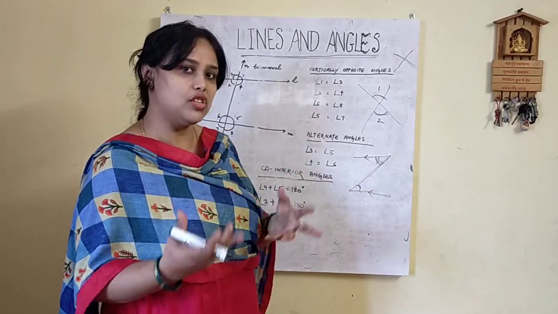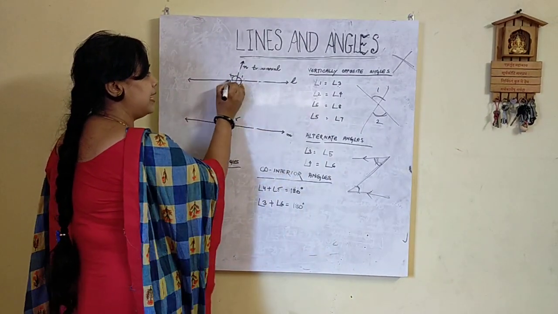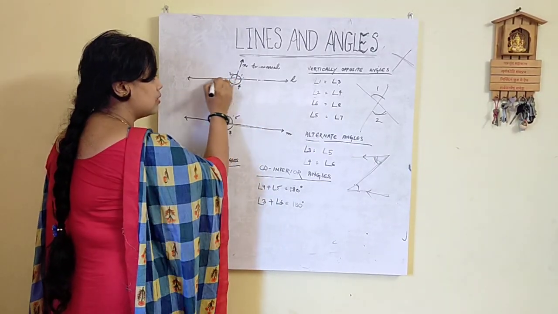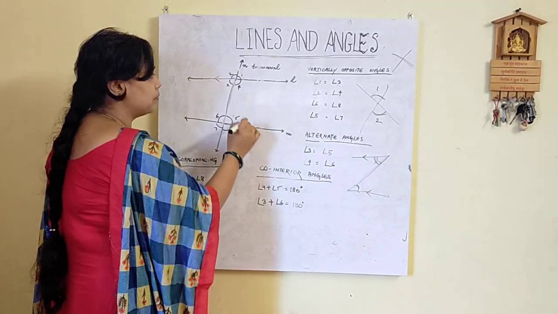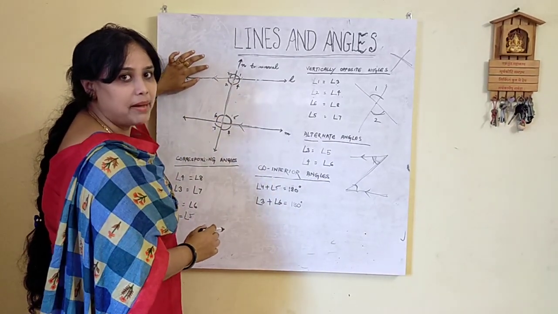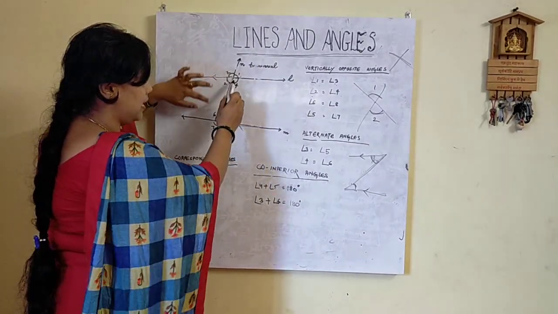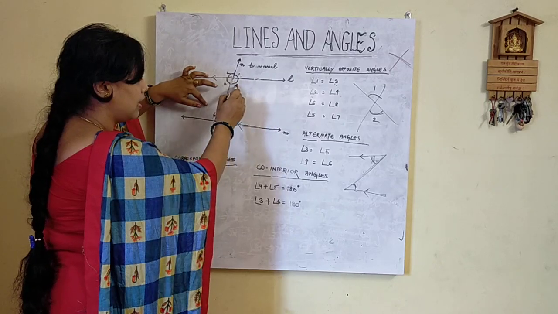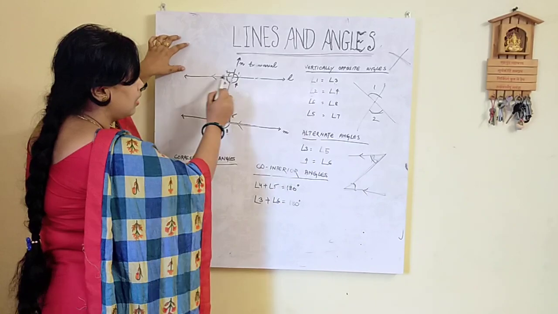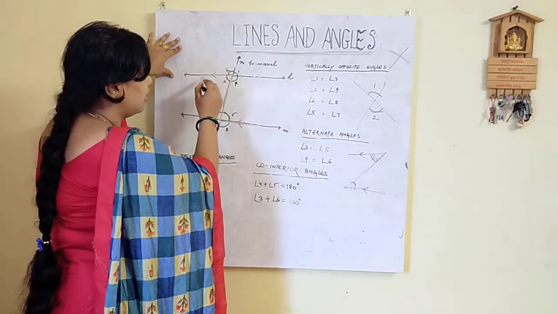In this diagram, which are the alternate angles? Let us see. Here I will draw a Z. You can see that I have drawn a Z between the parallel lines. Children, please observe minutely. Angle 3 and angle 5 are alternate angles, as well as angle 4 and angle 6. Once again, first try to visualize a Z in the figure.